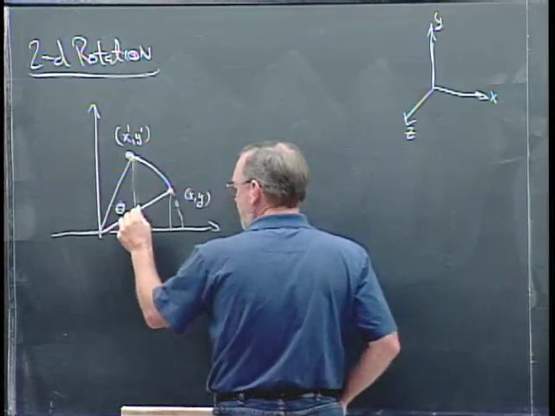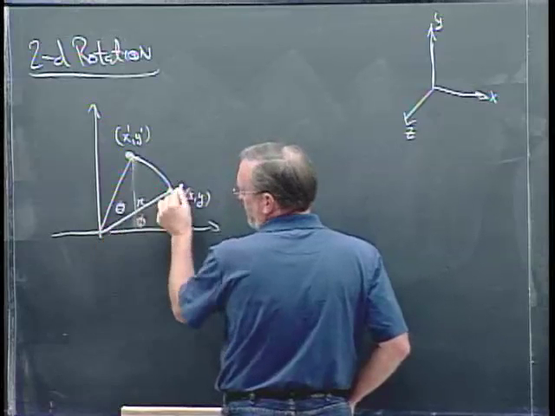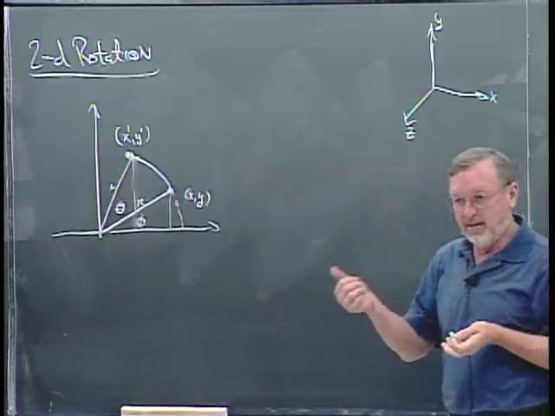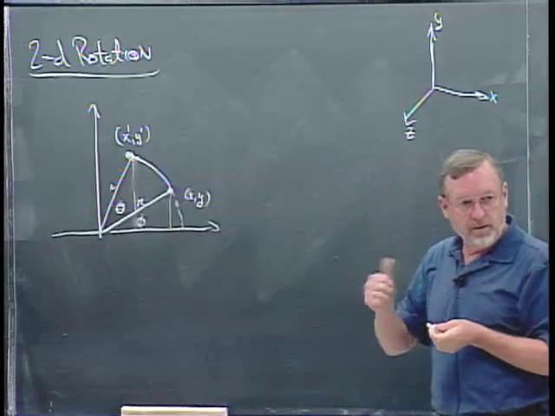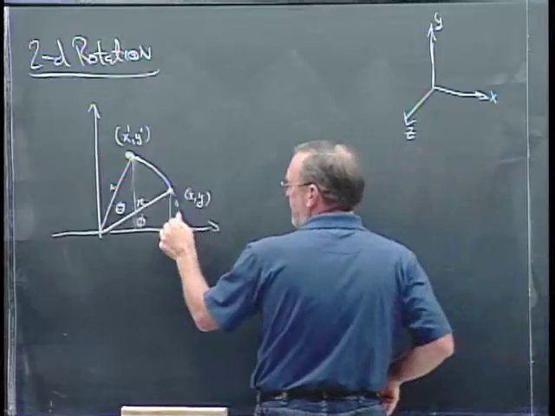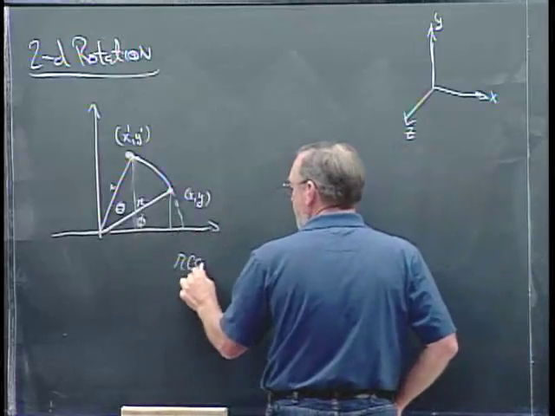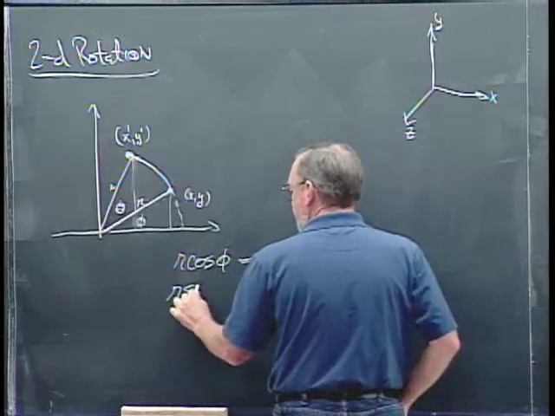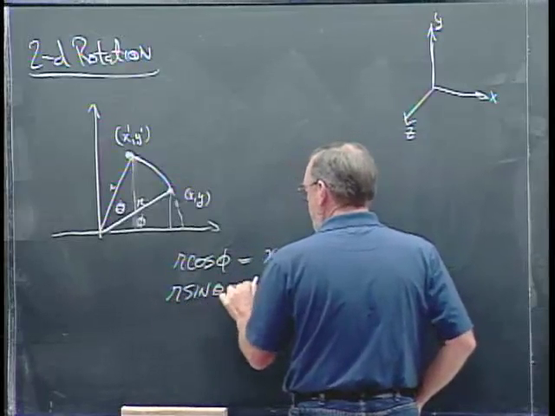If this is r, the distance along the ray here, r doesn't change as I rotate. So if I look at this, r cosine phi is equal to x, and r sine phi is equal to y.